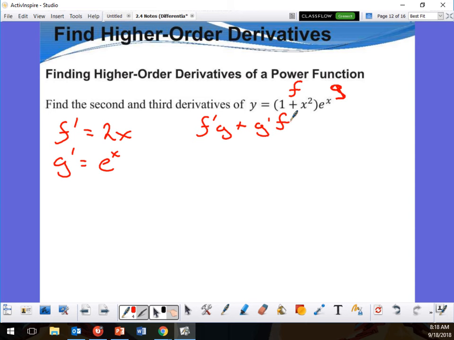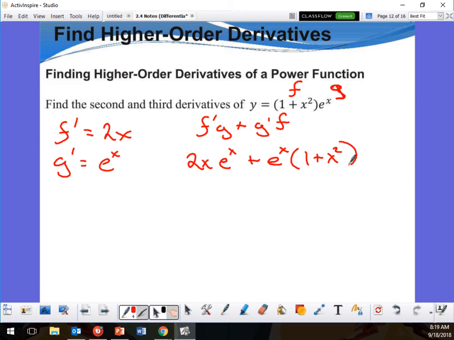So if I'm plugging in my values, it's going to be 2x times g, which is e to the x, plus g prime, which is also e to the x, times my f, which is right here, 1 plus x squared. There we go. The only thing I could do is a little bit of factoring.